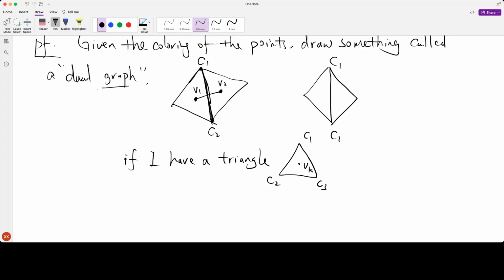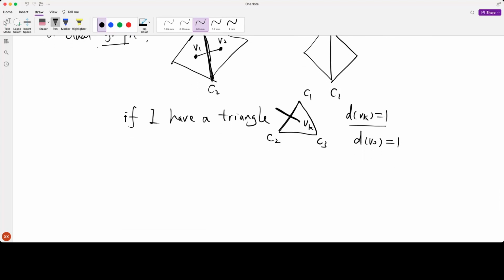Vk exactly has degree 1. So this Vk must join an edge along this line segment because it's C1, C2. It doesn't join here, doesn't join here, so d(Vk) is 1. We already know that d(V0) is 1.